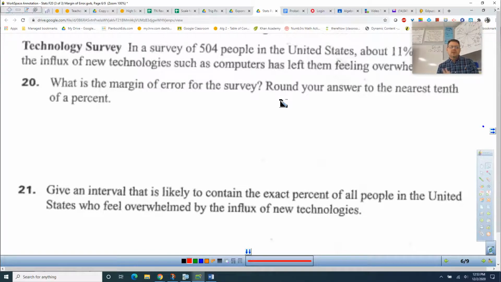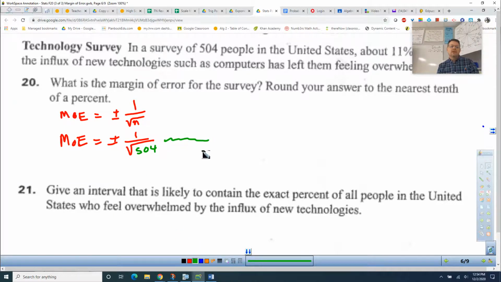Okay, so a simple margin of error is, what's that formula for margin of error? Margin of error equals plus or minus 1 over the square root of n. So what we would do there is margin of error equals plus or minus 1 over the square root of 504.